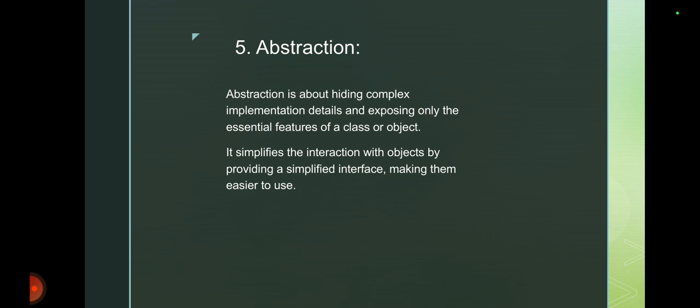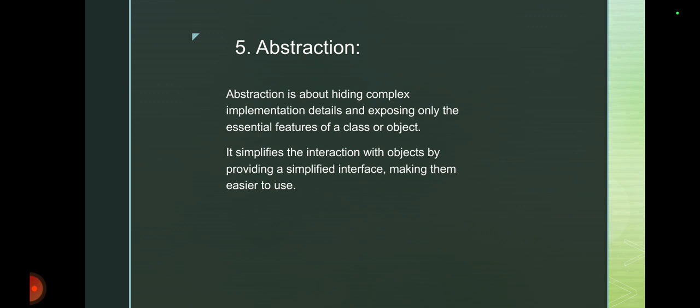There may be a lot of data a class contains and the user does not need the entire data. The user requires only some part of the available data. In this case, we can hide the unnecessary data from the user and expose only the data that is of interest to the user. This is called abstraction.